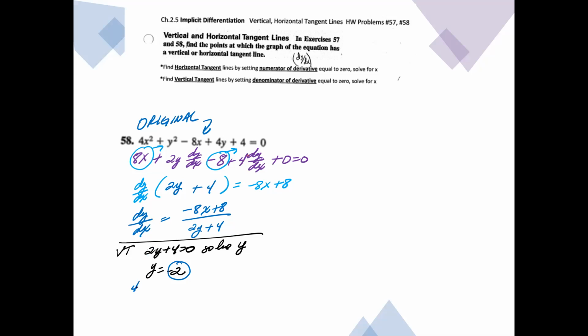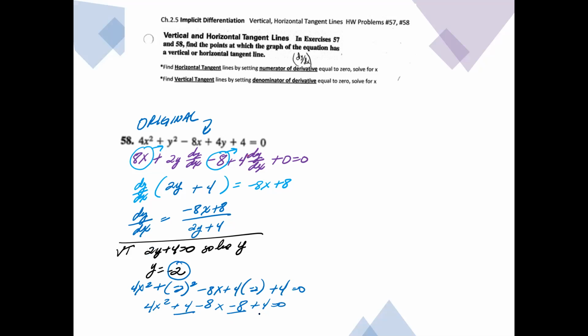So then I'll have 4x squared plus negative 2 squared minus 8x plus 4 times negative 2 plus 4 equals 0. Your goal now is to simplify this, and when you do, you will have 4x squared plus 4 minus 8x minus 8 plus 4 equals 0.